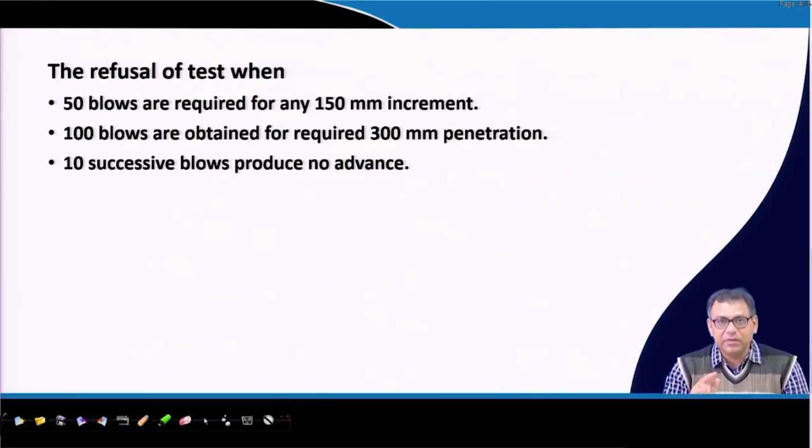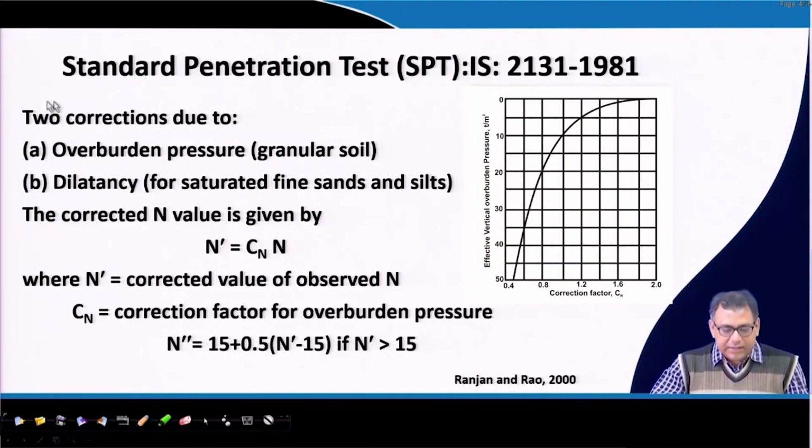That means if any of these conditions occurs in the field, then we will stop the test. So, one is 50 blows for 150 millimeter penetration, 100 blows for 300 millimeter penetration, or no penetration for 10 successive blows.